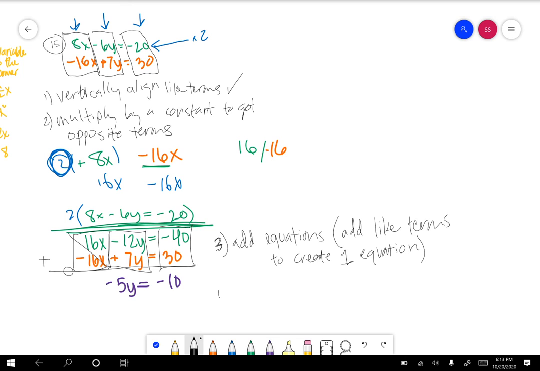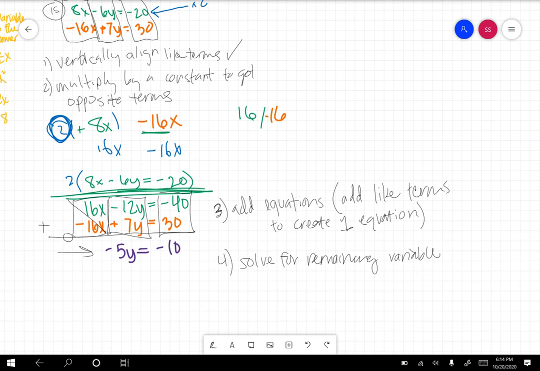Step 4 now is to solve for the remaining variable. In this case, we're solving for y because that's the only variable left in the equation.